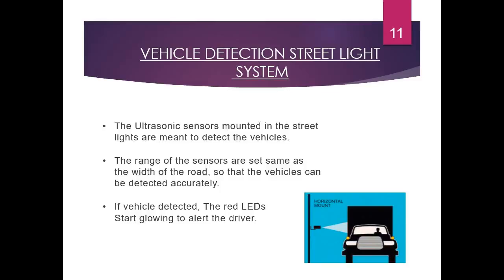So in the presence of fog, a driver coming from a far end will not be able to see the vehicle present in front of him, but will know whether a vehicle is present in front of him or not by looking at the green or the red LEDs glowing in that particular street light.